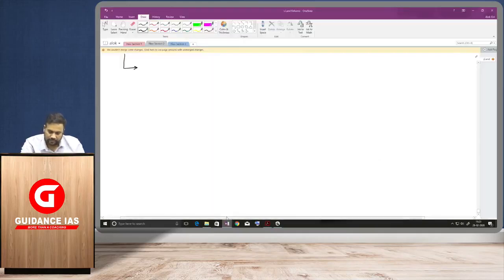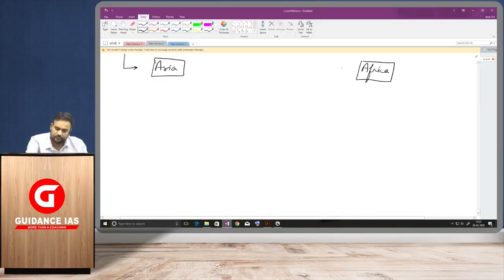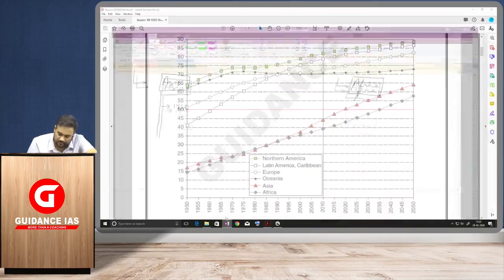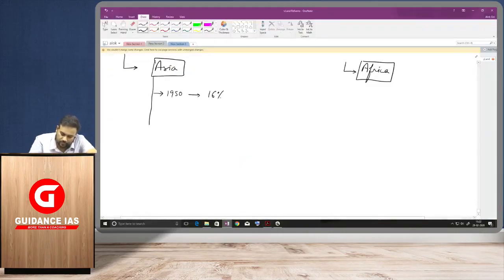ठीक है. So we are talking about Asia and Africa. Asia, in 1950, you can see, was 16%, while Africa had 15% urbanization in 1950. Then in 1970, दोनों बराबर हो गए.